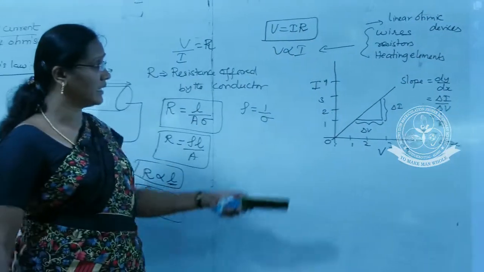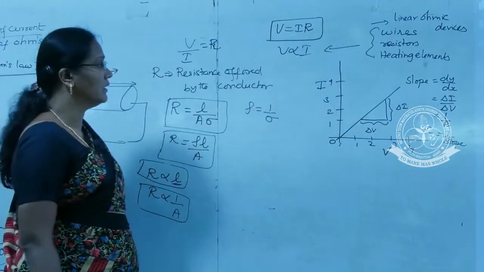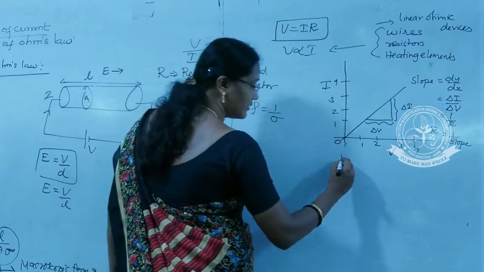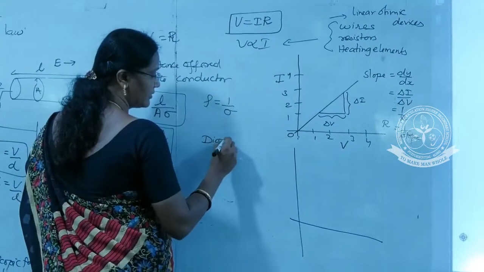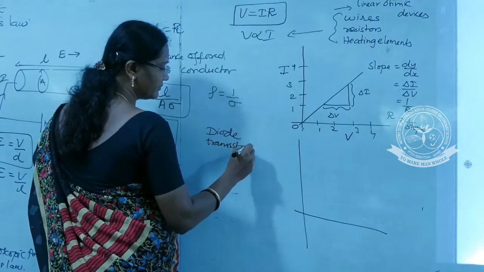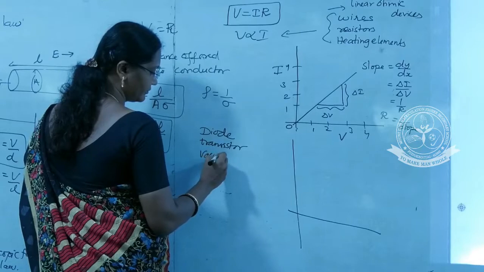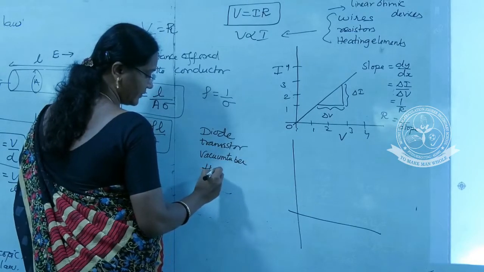I said earlier that only these materials obey Ohm's law. But this is not the case for materials such as diode, transistor, vacuum tubes, thermistor and all.